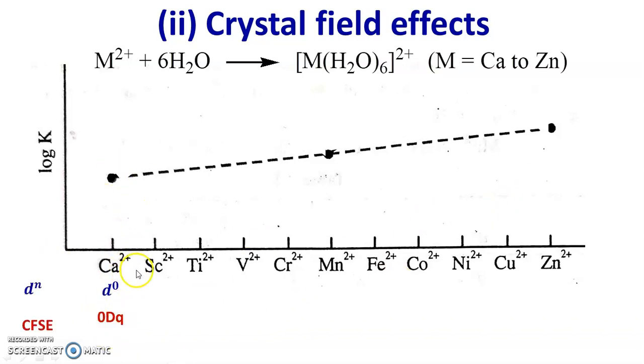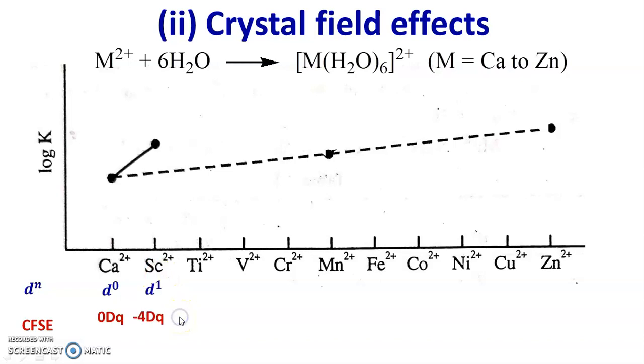For calcium 2+, the configuration is d0 and the crystal field stabilization energy is 0. It is observed that as the crystal field stabilization energy increases, the log K value also increases, so it is directly proportional to crystal field stabilization energy. For calcium 2+, as the crystal field stabilization energy is 0, the expected and observed log K values are the same. There is no change. Now consider scandium 2+.